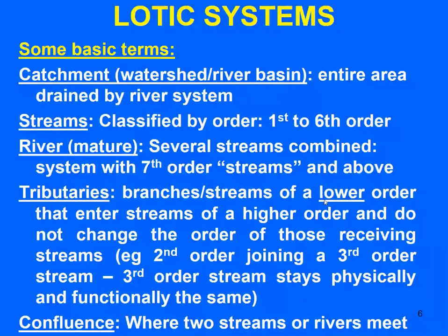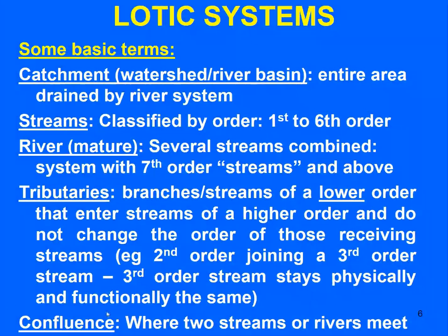So it's a branch or stream of a lower order, let's say maybe a second order stream, that enters a stream of a higher order, let's say a third or fourth order stream, and it doesn't change the order of those receiving streams. It doesn't physically change the stream either. So you've got a small stream flowing into a larger stream, and it doesn't really change anything, just adding a little bit of volume.